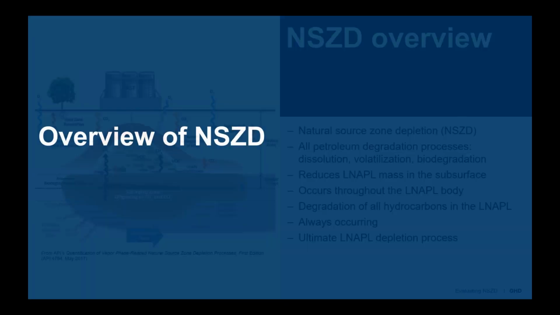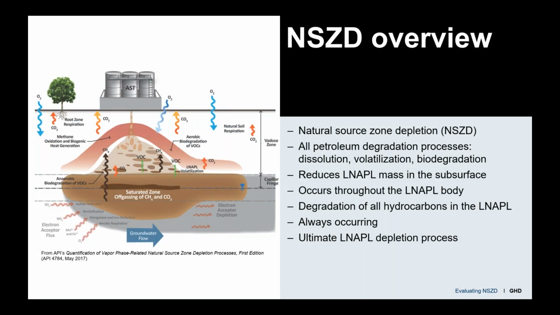All right, so let's go through a quick overview of NSZD. Natural source zone depletion is just an umbrella term that captures all the different petroleum degradation processes occurring in the subsurface that reduce the LNAPL mass. That includes the dissolution of LNAPL constituents into groundwater, which is traditional monitored natural attenuation that I think a lot of people are familiar with.